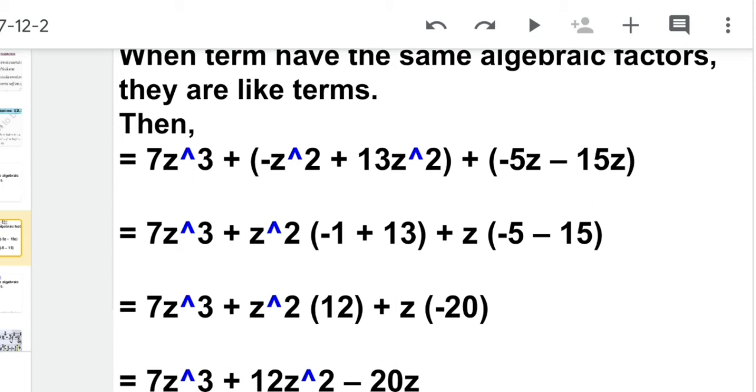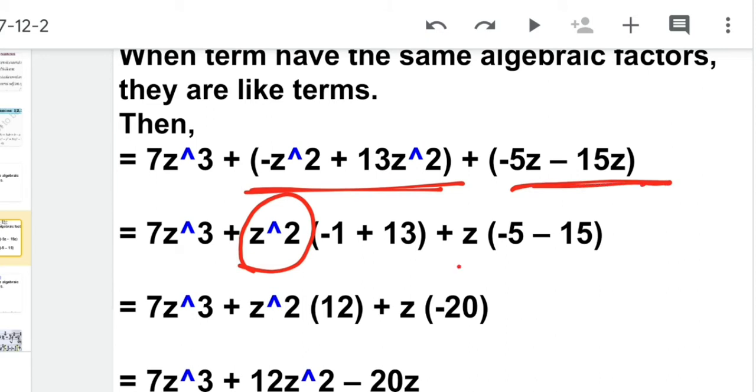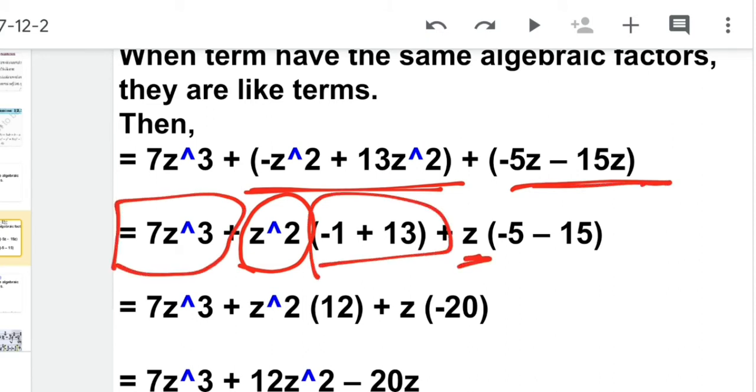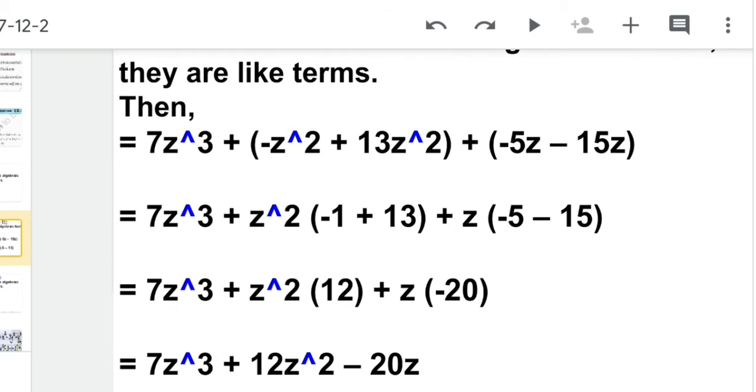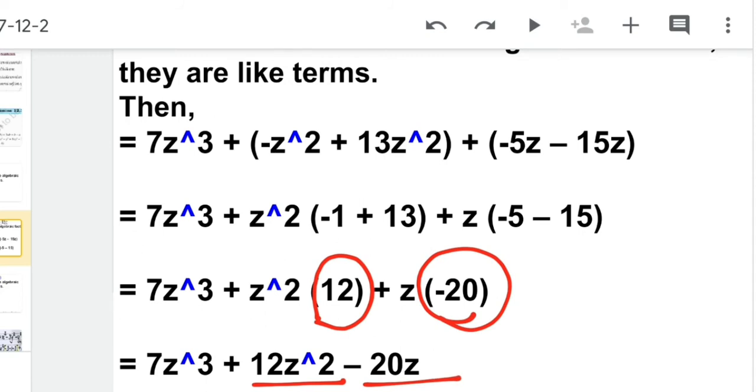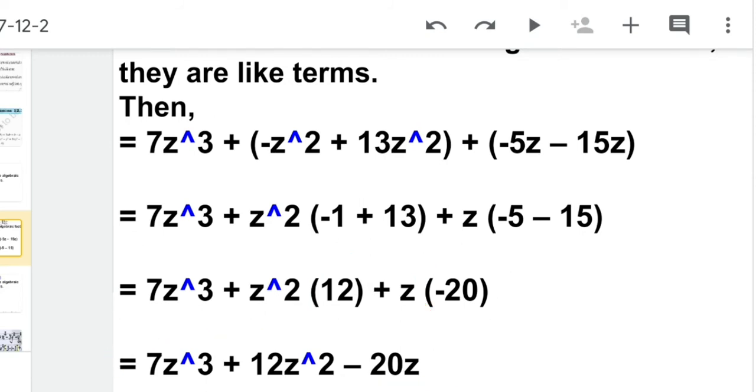Now we can take z square common from the first two and z common from the last two. After solving this bracket we have 12, and in this bracket we have minus 20. You can see this 12 is multiplying with z square and this minus 20 is multiplying with z. So we can write them like this. So this is our answer.